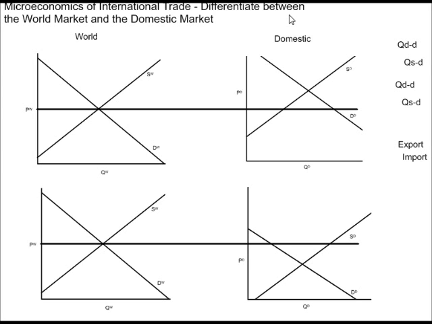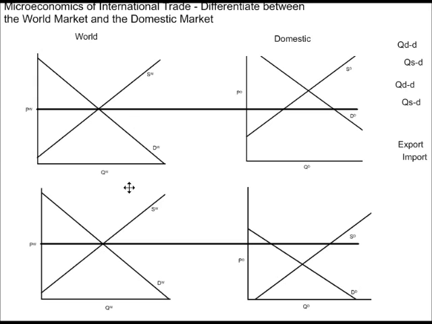We're going to think about the world market being the aggregation of everybody, and then I'm going to think about one particular domestic market. So given our context, I'm going to think about the domestic market as being the US market. But really this same story, this same logic holds for all countries. But I'm going to focus on an individual country, the US domestic market for goods and services. Notice we've got a difference between these two stories.